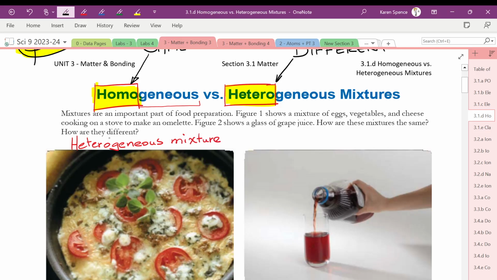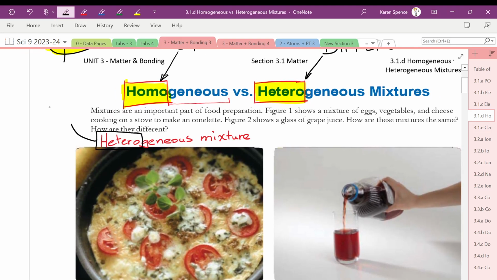And if you remember, what does hetero mean? Hetero means different. So in our heterogeneous mixture, we have different areas with different properties. In that omelet, you have the tomato area.